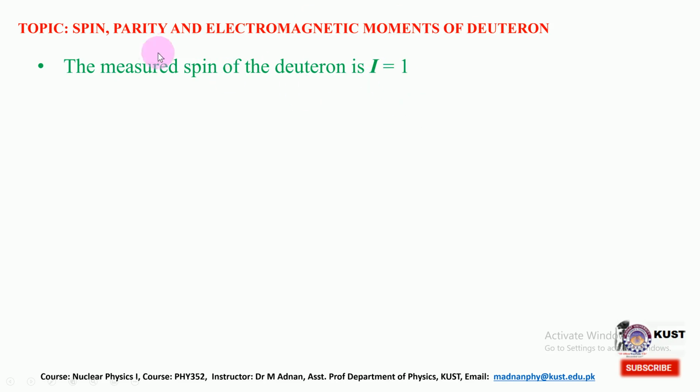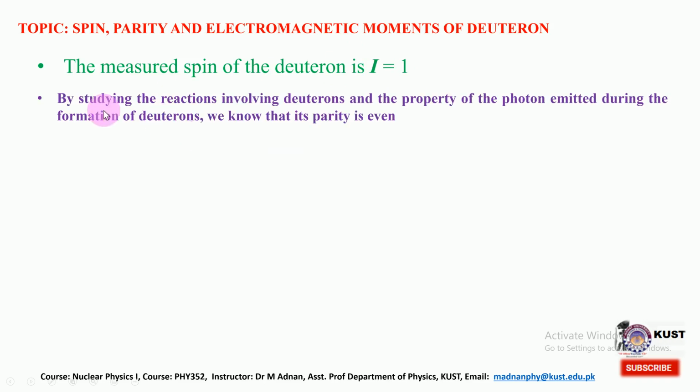But in this lecture, we will just see the theoretical aspects, or we can say how one can verify these numbers which are obtained through various experiments. Now, by studying the reaction involving deuteron and the property of the photon emitted during the formation of the deuteron, we know that its parity is even.